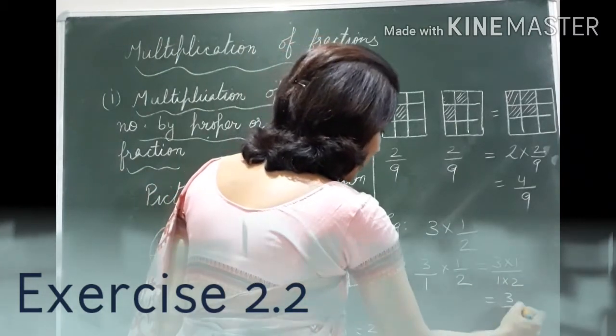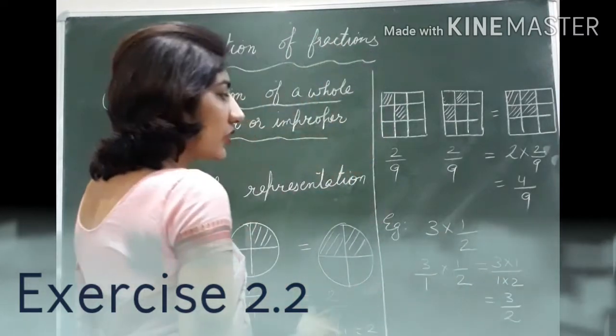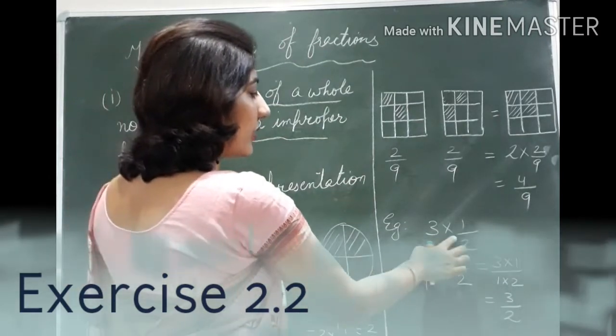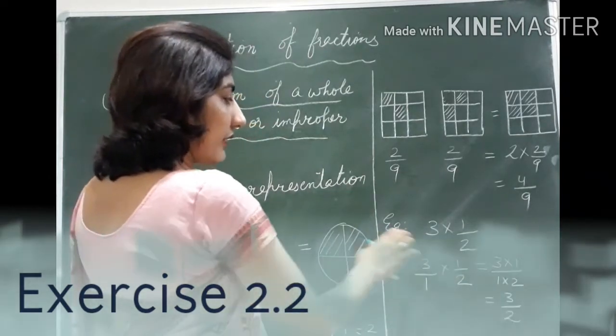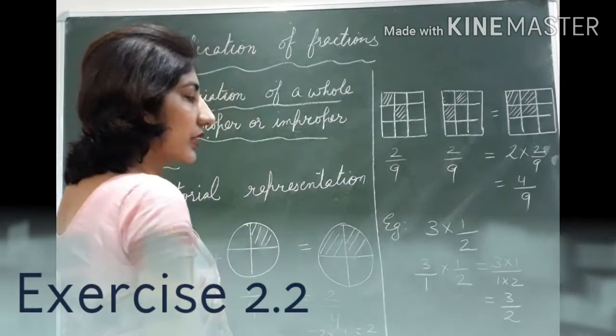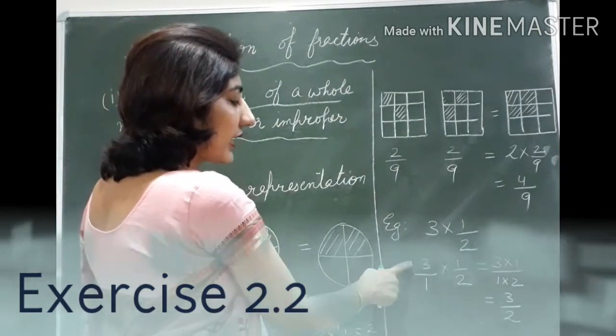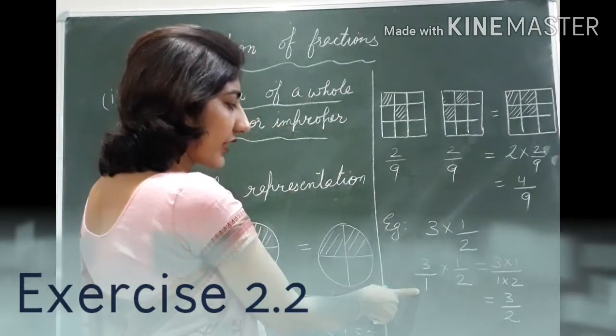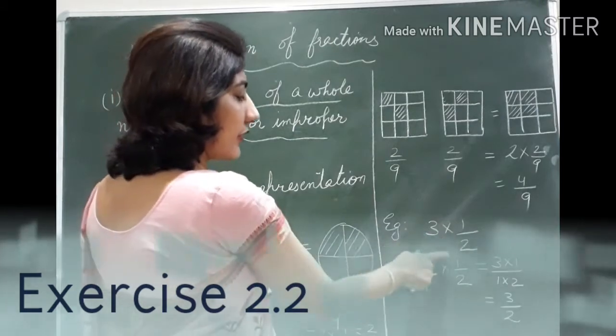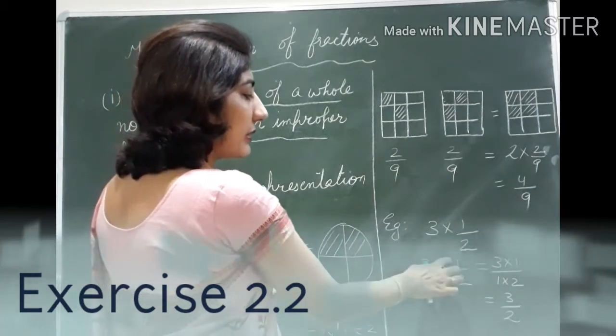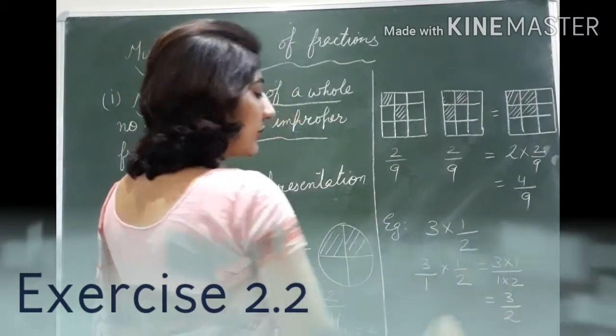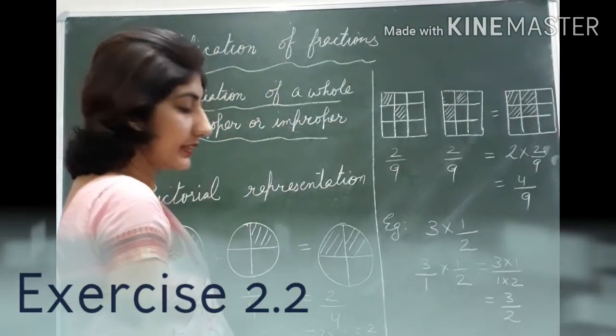So it is equal to 3/2. So it's very simple. I have taken here a whole number and a proper fraction. Whenever a whole number and a proper fraction is given, first of all, the whole number I will make as fraction 3/1. Here I have written 1/2. Then numerator multiply by numerator, denominator multiply by denominator, and I get the result.